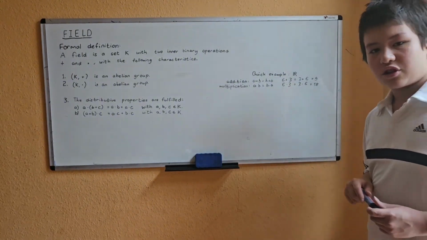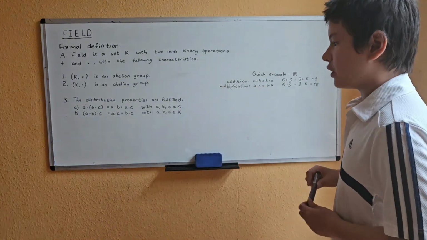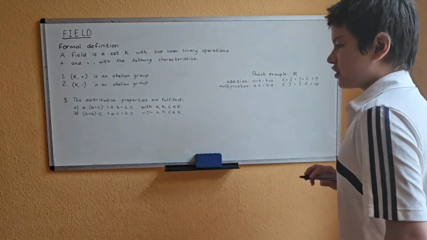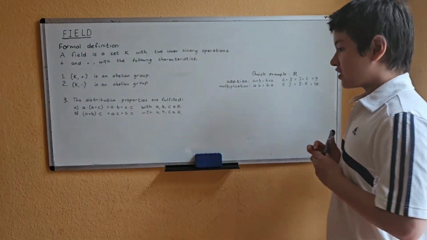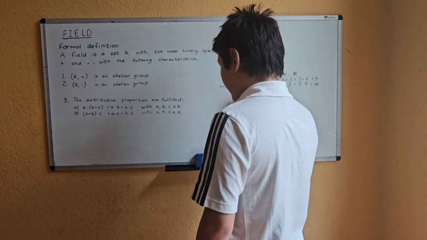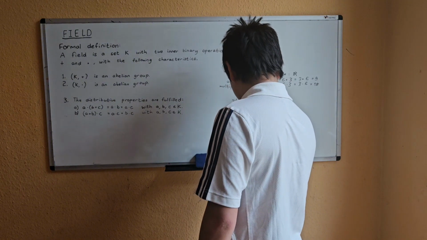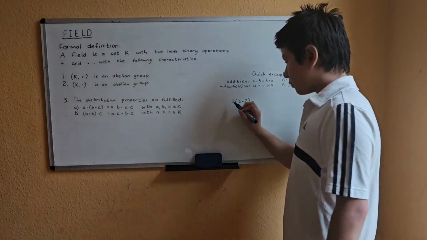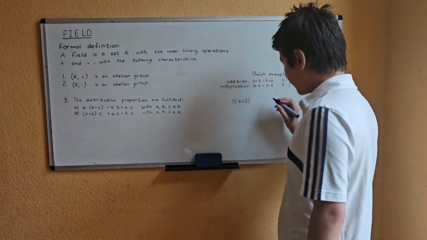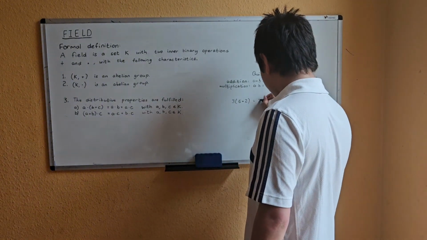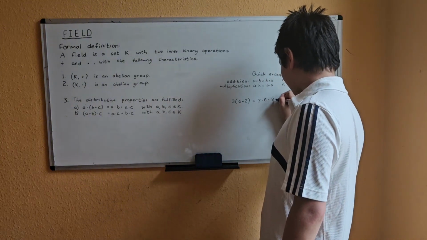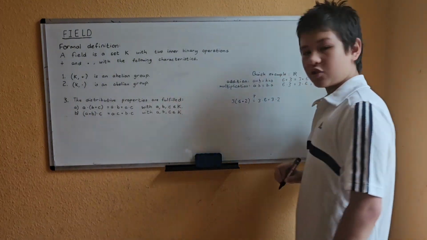And now we need to show that the distributive properties are fulfilled. So we'll take 3, 6, and 2 as in the last example. And we want to see if 3 times (6 plus 2) equals 3 times 6 plus 3 times 2. So does this hold?